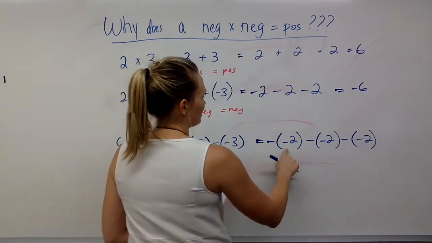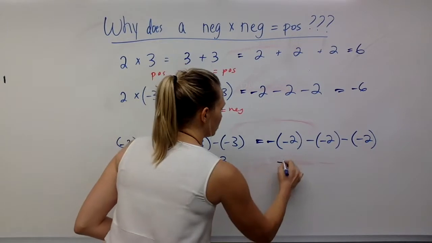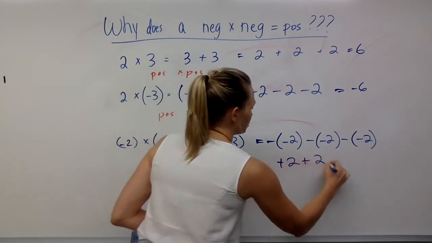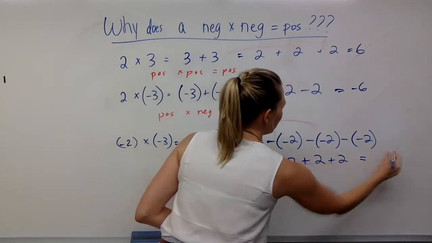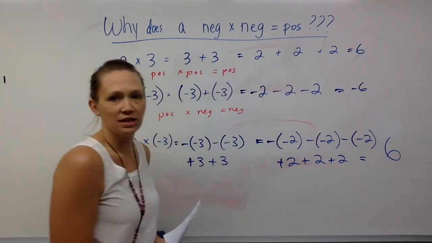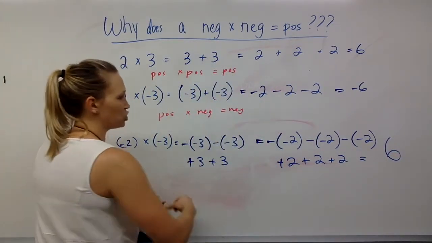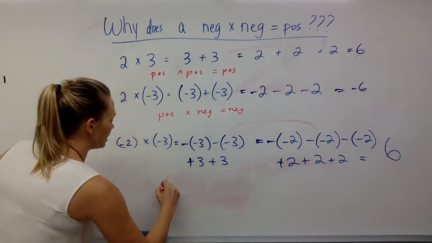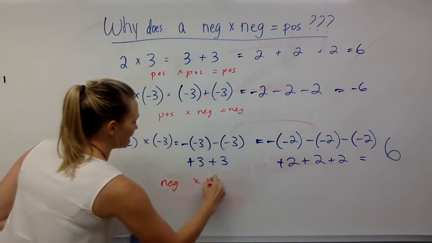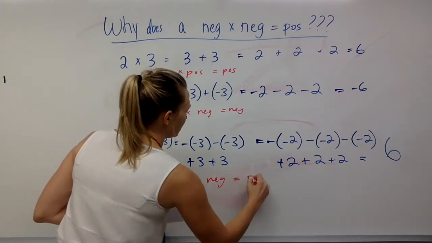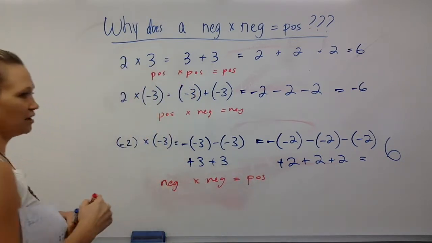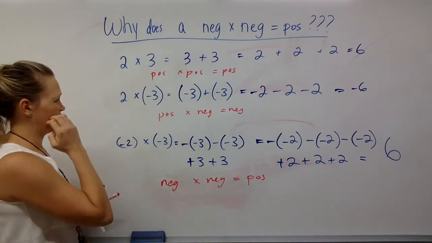So it's minus minus 2 minus minus 2 minus minus 2, which is really, as we know, plus 2 plus 2 plus 2. Either way, that gives me a plus 6. So I'm trying to see if this will intuitively make sense to you that a negative times a negative must be a positive, okay?